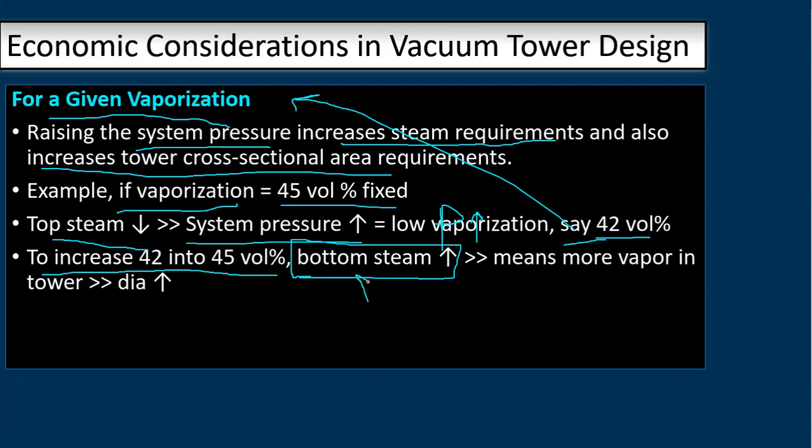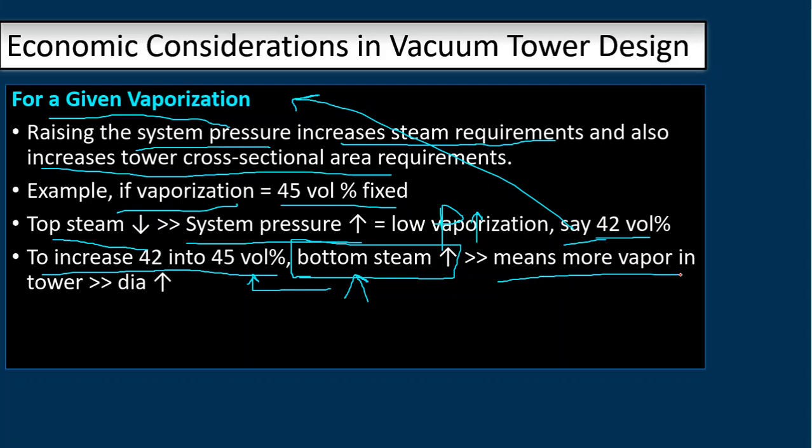This bottom steam basically strips more and more material from the residue to maintain the total vapor at 45 volume percent. But what happens if you increase the bottom steam? That bottom steam will be available in the column.